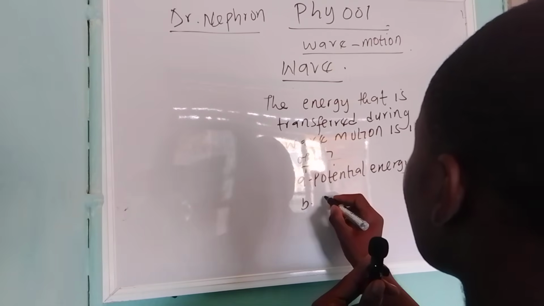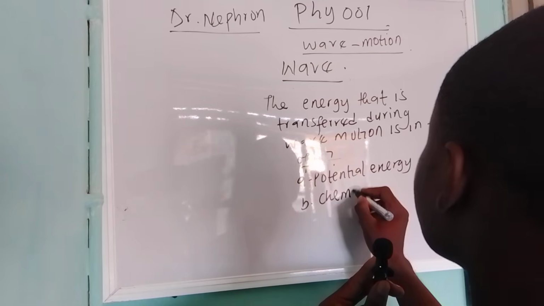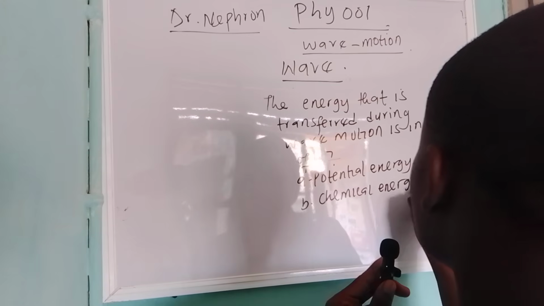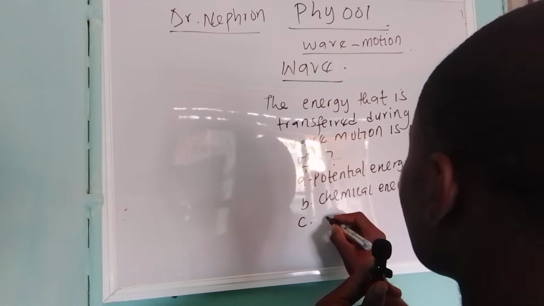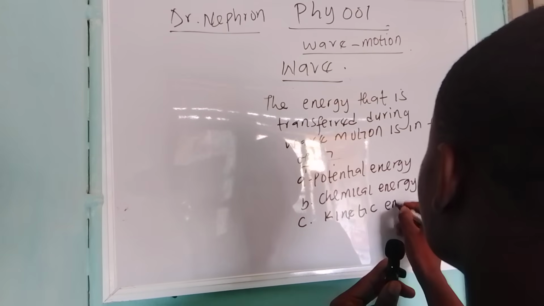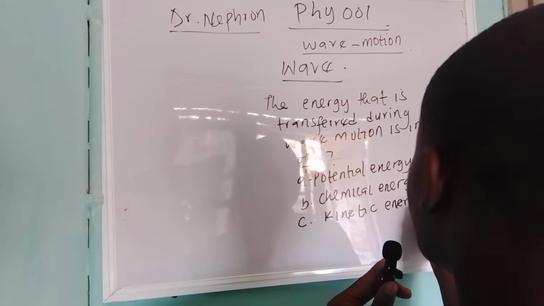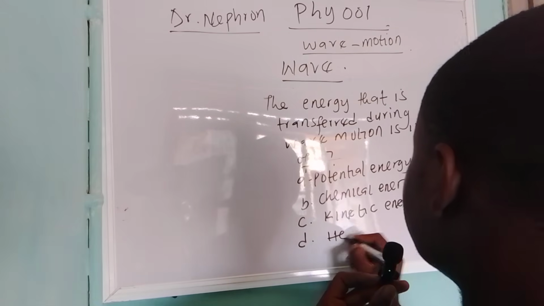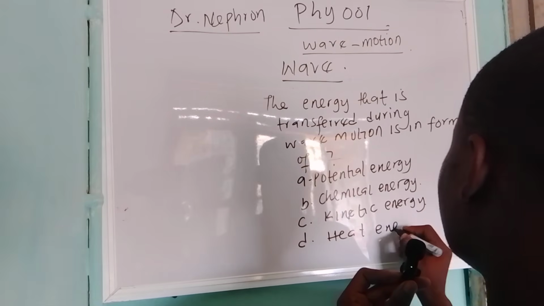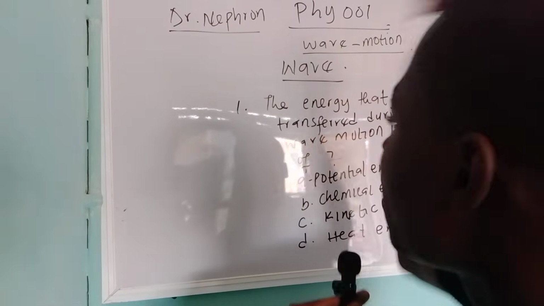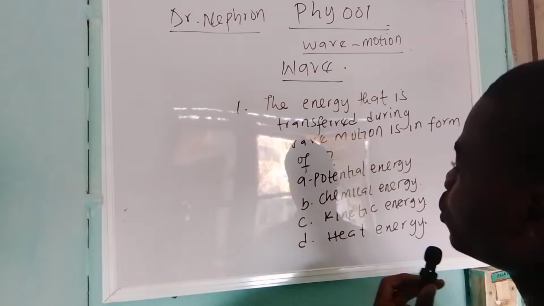B, chemical energy. C, kinetic energy. And D, heat energy. Assuming this is your number one question, it's always a typical question.